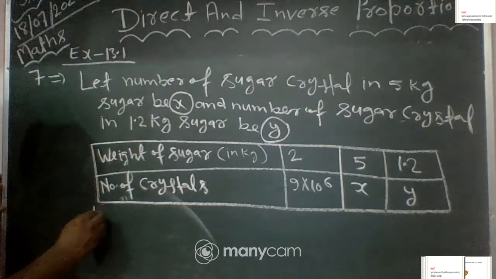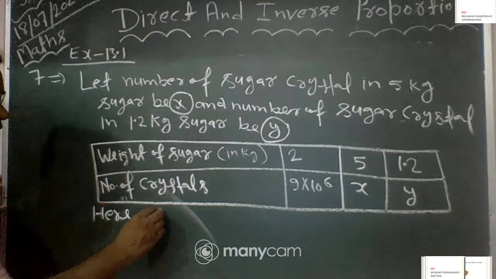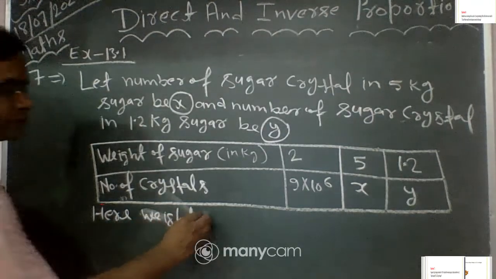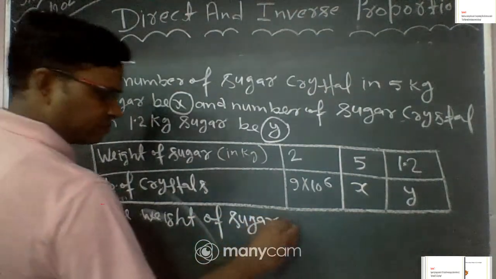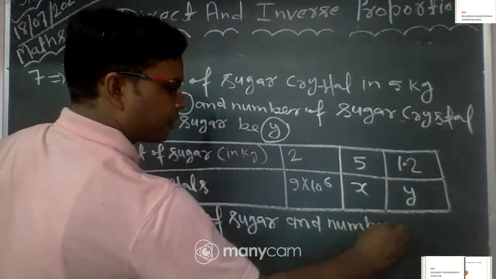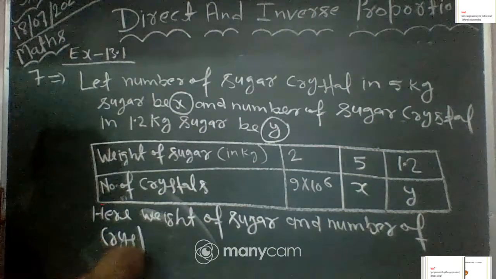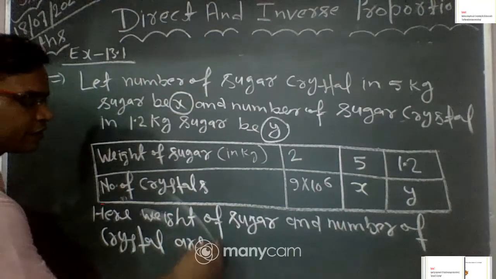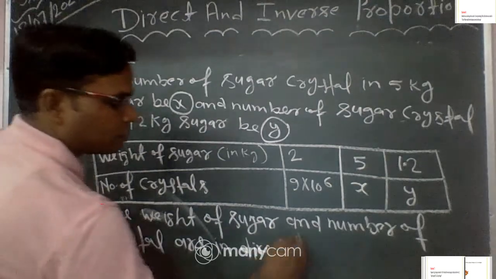So we can write here: the weight of sugar and the number of crystals are in direct proportion.